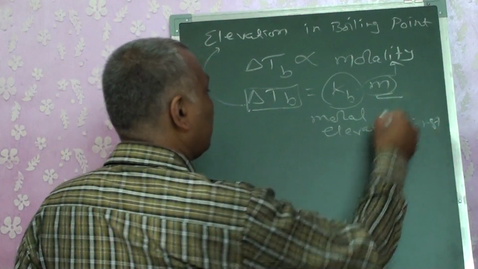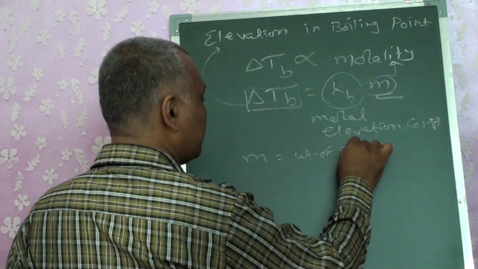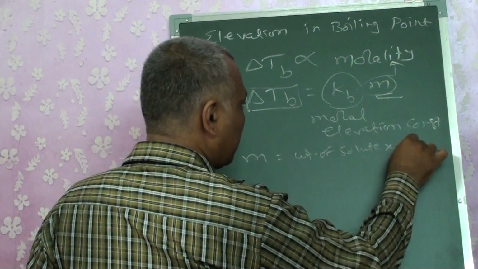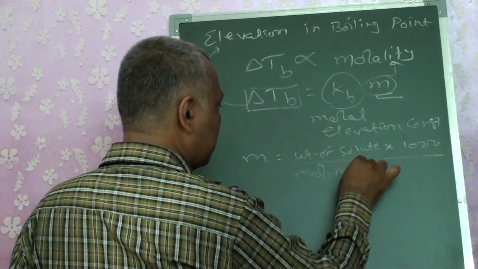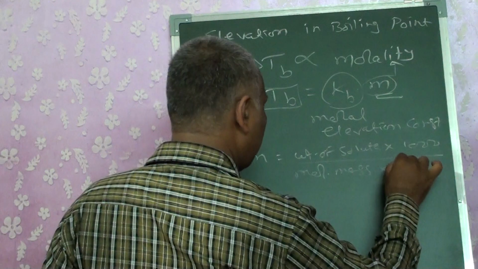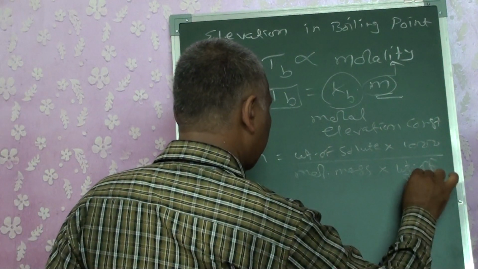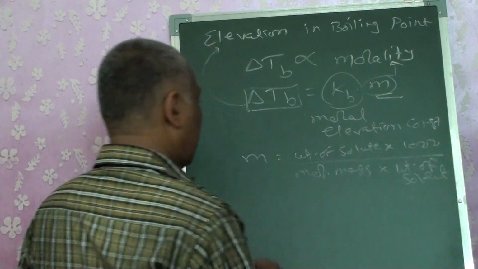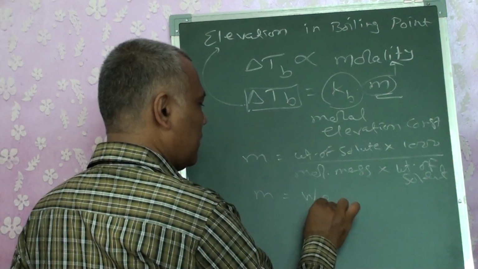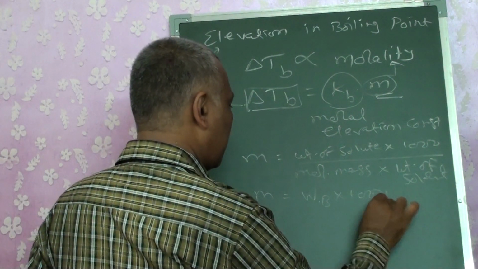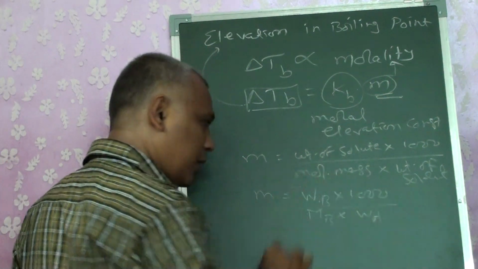At the same time, molality is also written as weight of solute into 1000 upon molar mass into weight of solvent. Symbolically we write it as WB into 1000 upon MB WA.